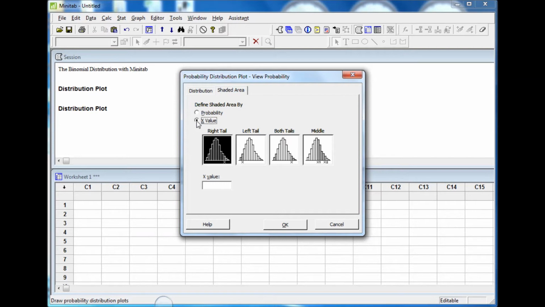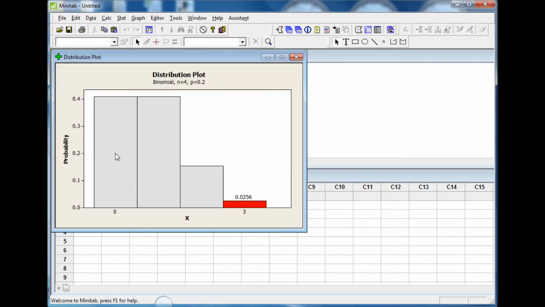And being a fixed value, a specific value, we click on middle, and if it was a range then we would enter the range in these 2 boxes, but being a specific value we just enter 3 and 3 in both boxes. When you click OK, you can see that Minitab is telling us that the probability of getting 3 correct answers is 0.0256.